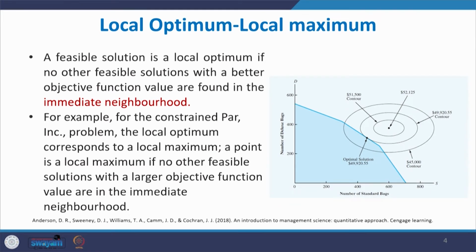For example, in the problem which we have discussed, the local optimum corresponds to a local maximum. So, this point was our local optimum and also a local maximum. A point is a local maximum if no other feasible solutions with a larger objective function value are in the immediate neighborhood.